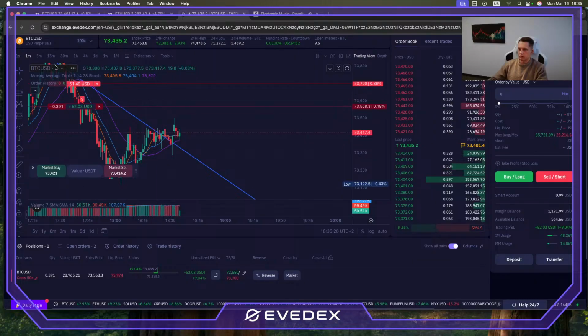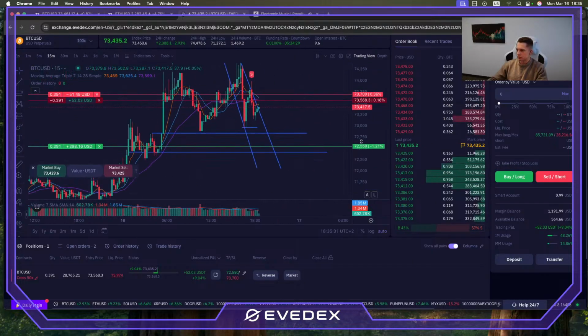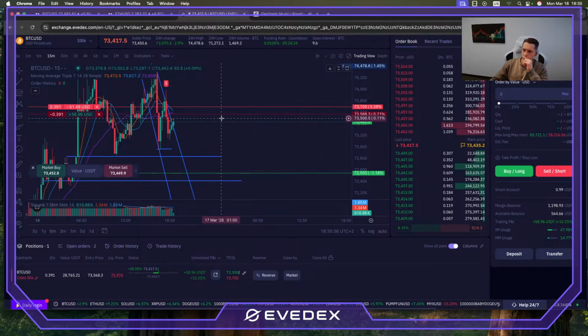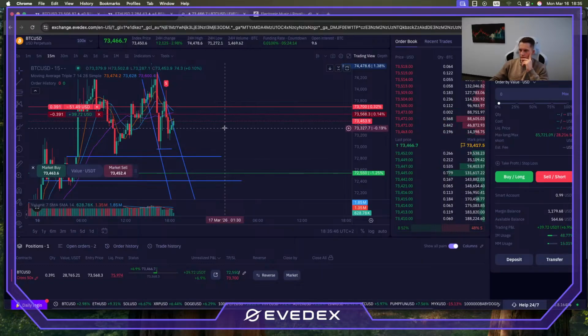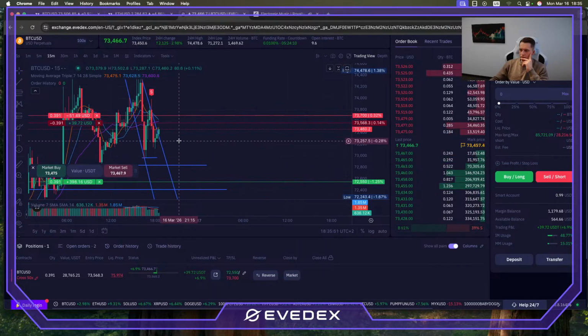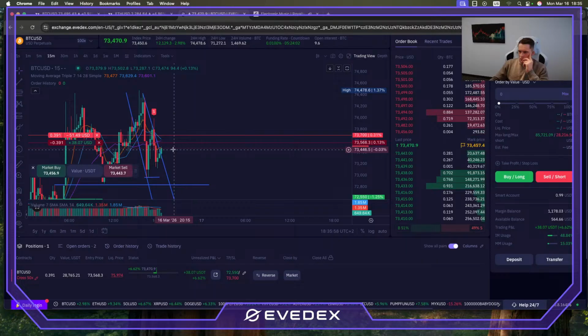Not too sure what we're currently seeing, but this would be an area roughly around now where we would expect that price to peak through, and then we'd see that continuation of the downtrend.